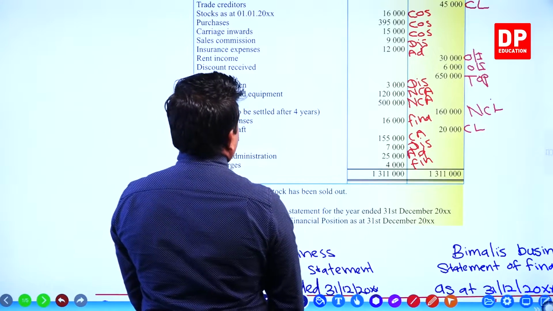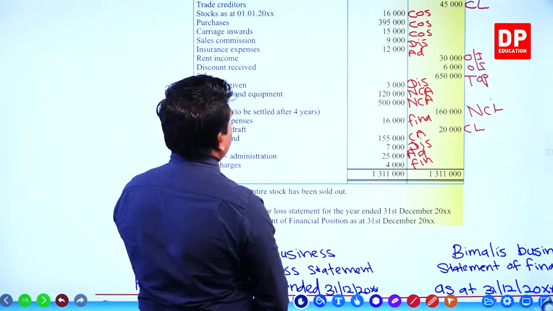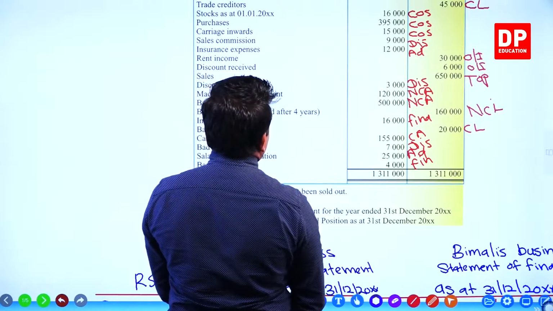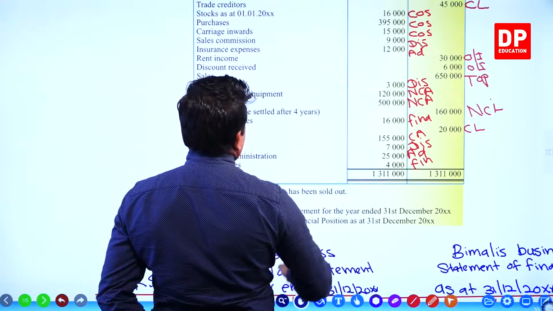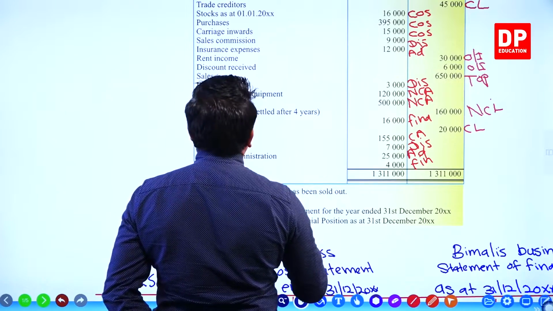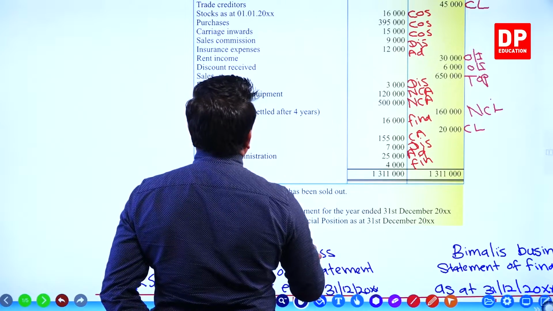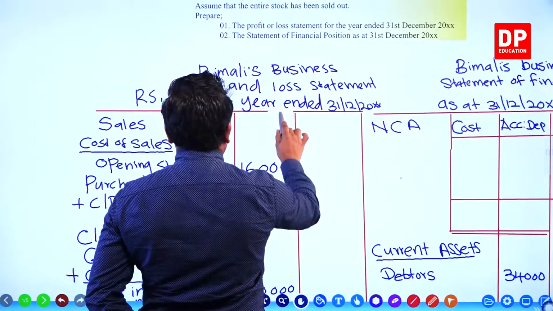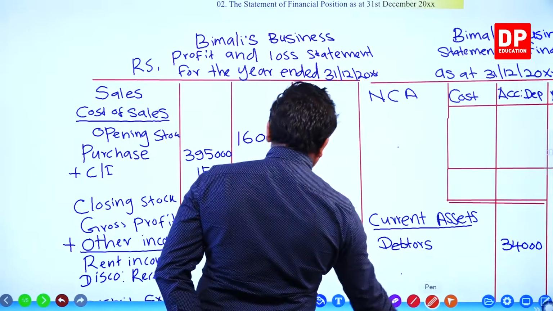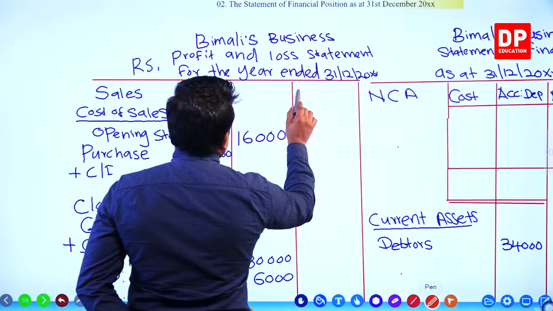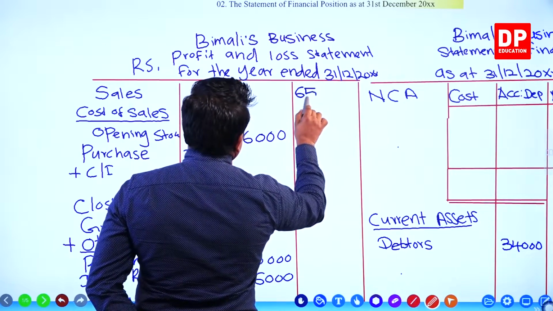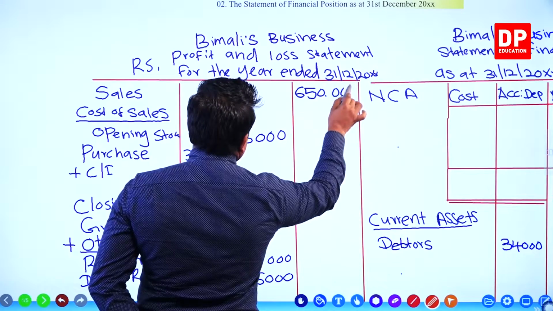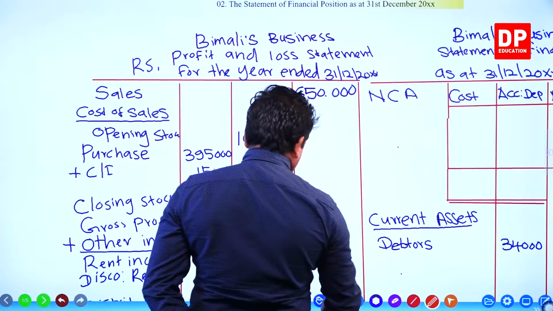Sales 650,000, discount given 3,000. Sales 650,000 goes on the top. Discount given 3,000.